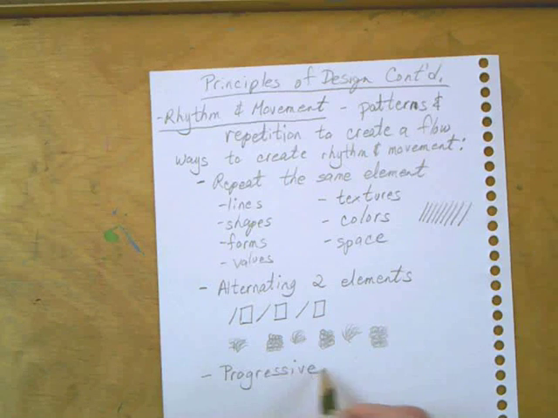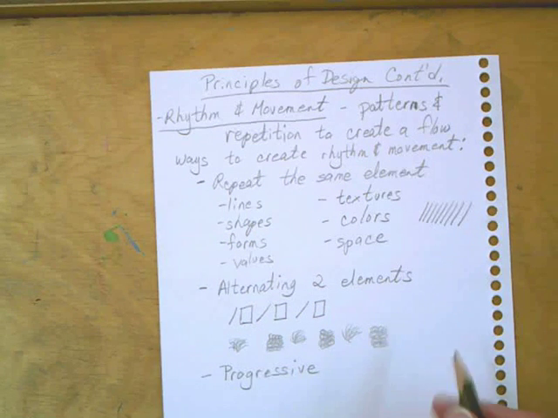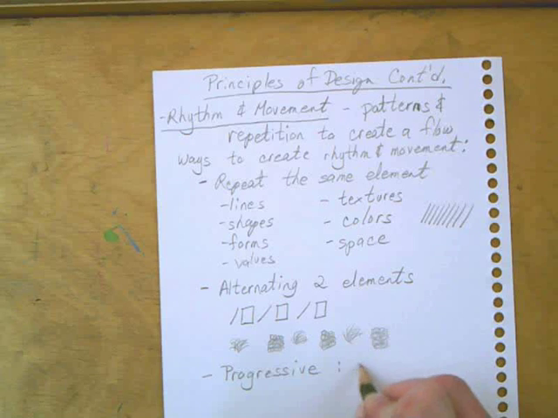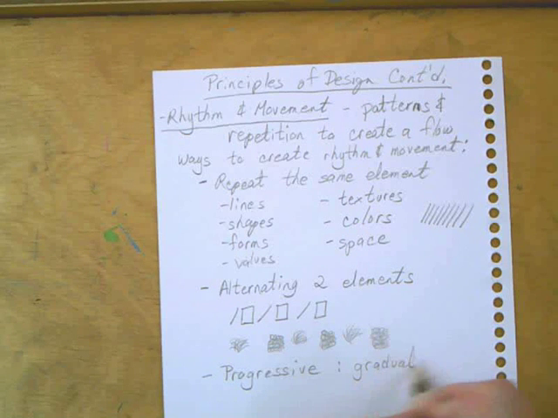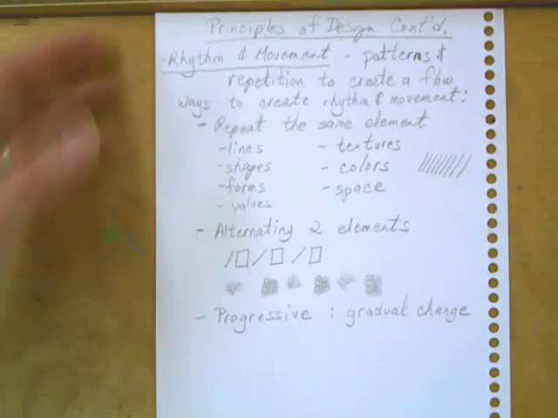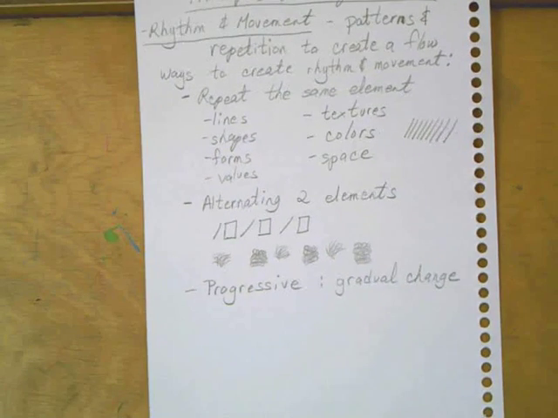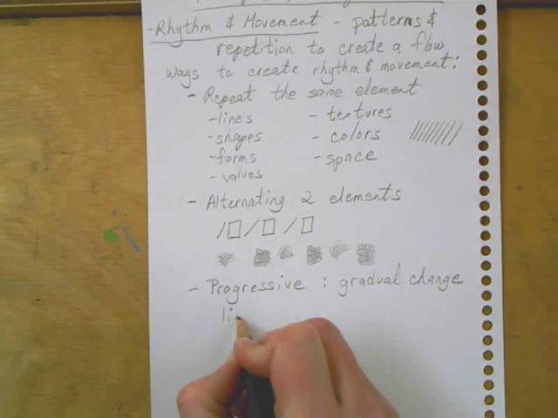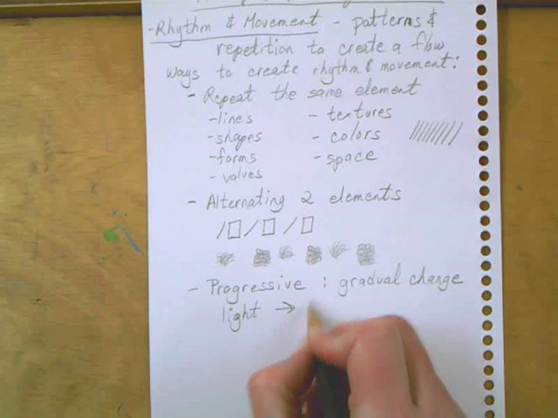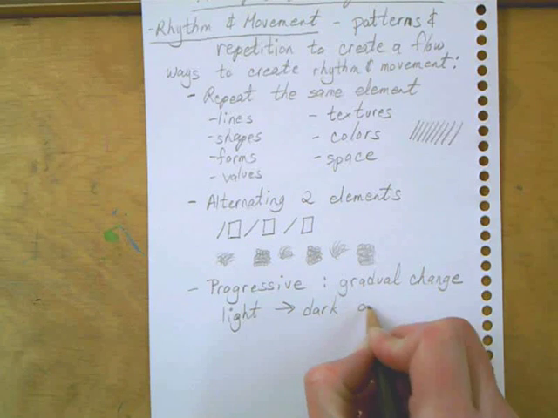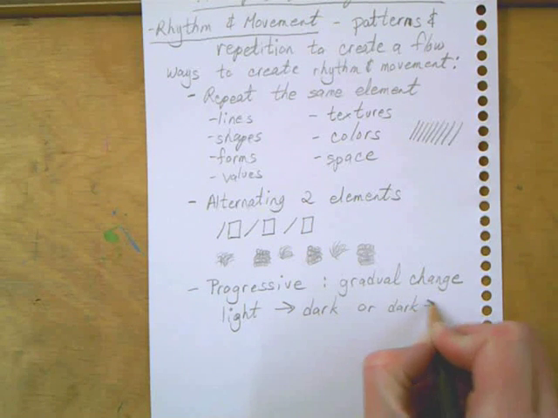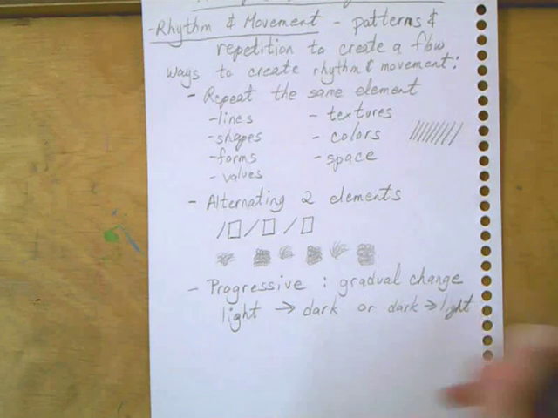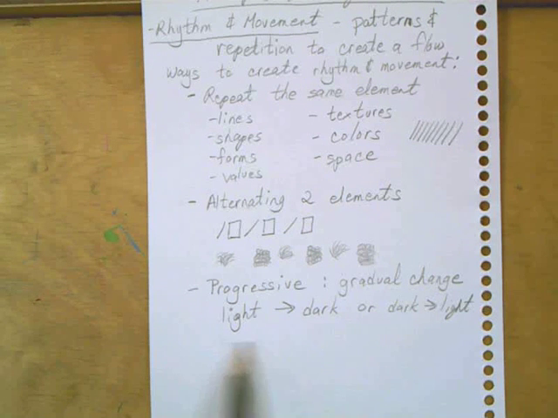And the last thing is progressive. Progressive means that it's a gradual change. It doesn't stay exactly the same. A gradual change for rhythm and movement. So we could go from light to dark, or from dark to light. That would be a gradual change.